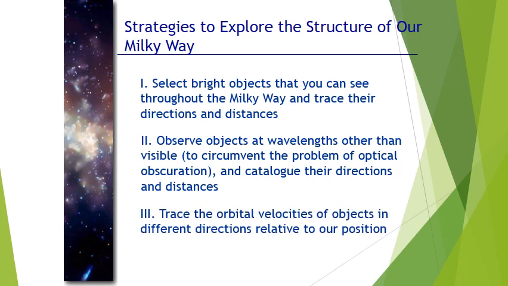They can use also different wavelengths outside of the visible, because with visible you do get a lot of gas and dust that gets in the way and blocks visible light. So that's another strategy for determining the distance and direction of other objects. And once you've started to find out those distances and the directions of motion, the overall picture begins to take shape.